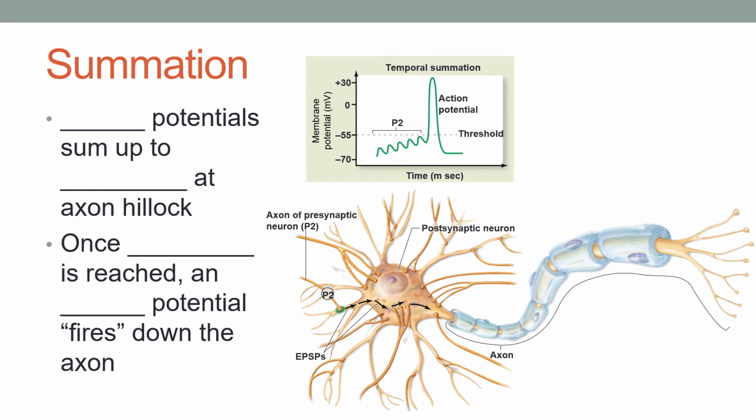Our graded potentials sum up to threshold at the axon hillock. So here's our threshold, minus 55 here.